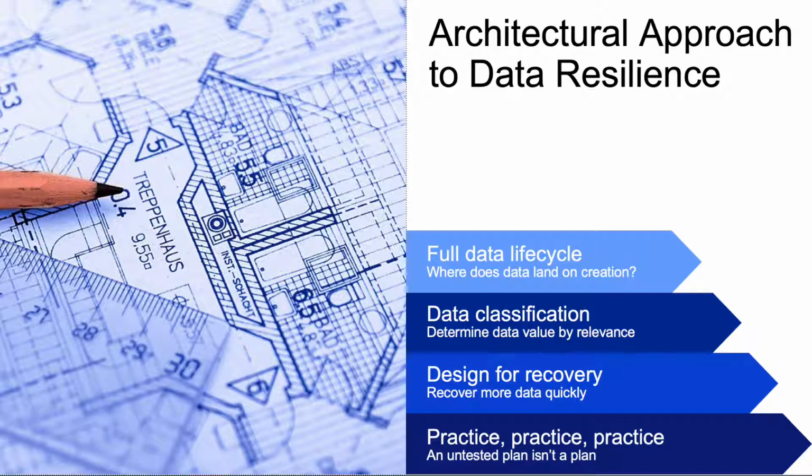Designing your environment for recovery, not necessarily backup, is key, and we can talk about that. And then, as Trisha always says, practice, practice, practice the recoveries. So if we start with those four, team, and we think about, let's say, the life cycle of your information, give us some clues as to where to start and how to think about that.